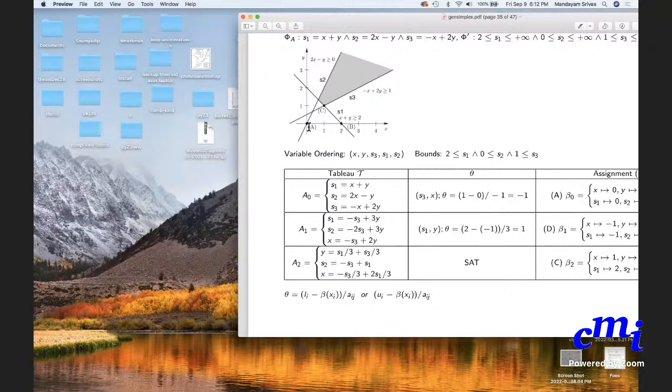So from A, you move to a point D, which is the intersection of S3 with the x-axis in the negative quadrant, and then it gets moved to C. So from A to this point D, and then to C. So depending upon the ordering, that dictates which solution you end up getting, and that's how it explores.